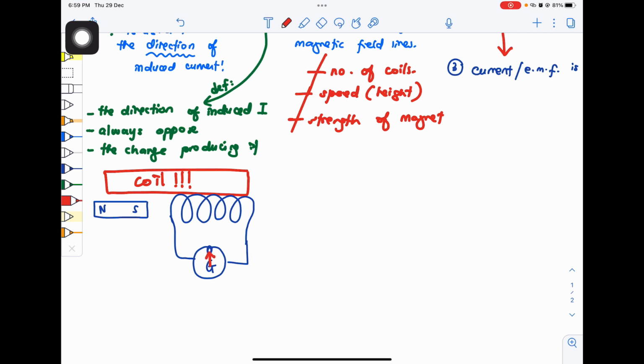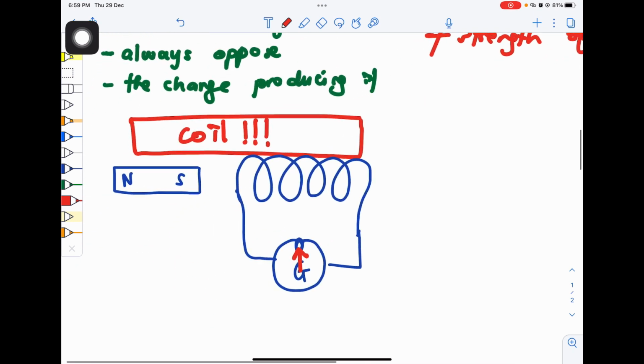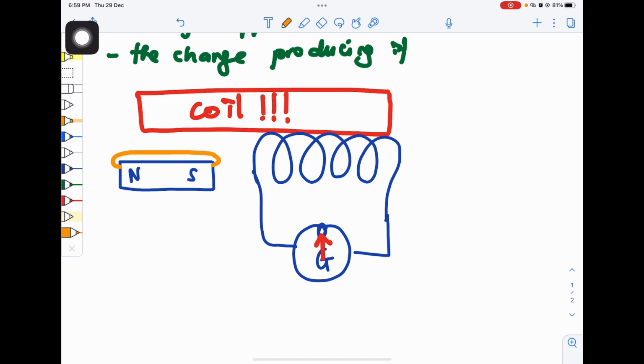Now, so let's say first ada motion. Jadi kalau macam ni, nothing is in motion, so there is no induced current produced. So it's either kita movekan, let's say kita buat first example, kita move the conductor. Now before that, kita tahu the permanent magnet always it's a permanent, so mesti ada magnetic field.